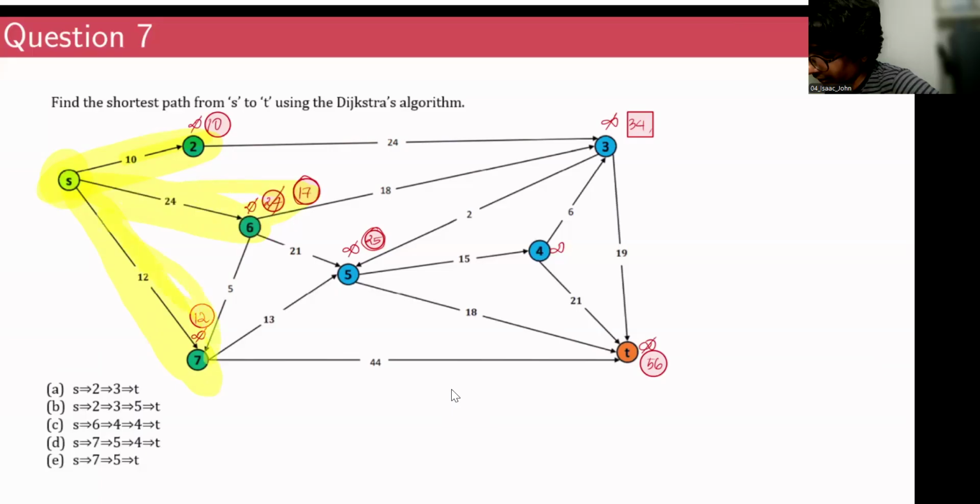Now, what are the other nodes? Now the smallest node is actually node 5 with a cost of 25. Everything else has a higher cost. So we'll expand node 5 along its neighbors. So node 5 along node 3 is 25 plus 2, that is 27. That is less than 34. So we'll replace this 34 with 27, right? So this path has already been explored.